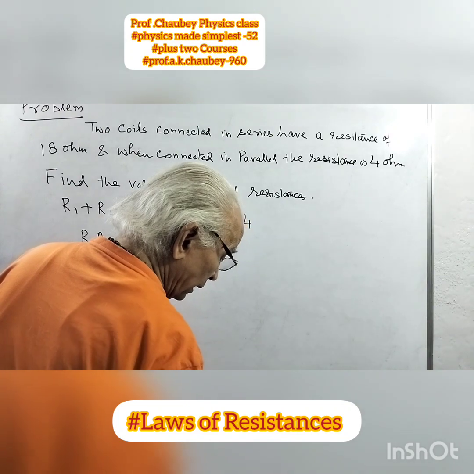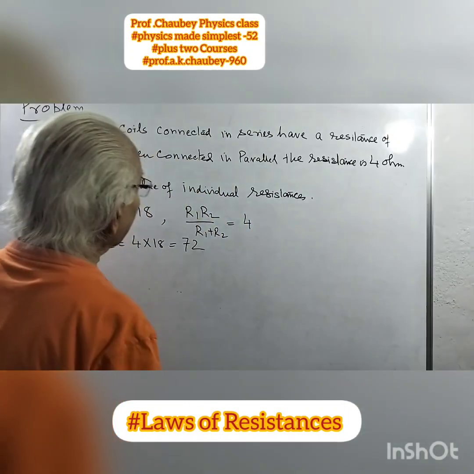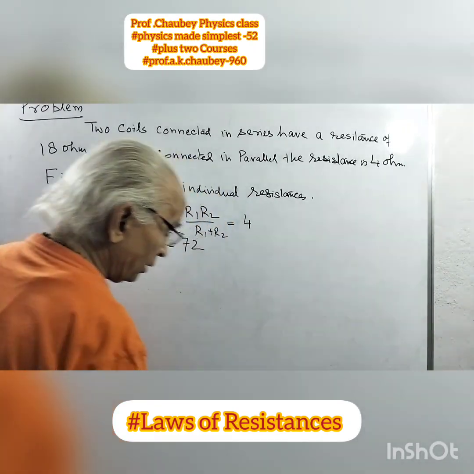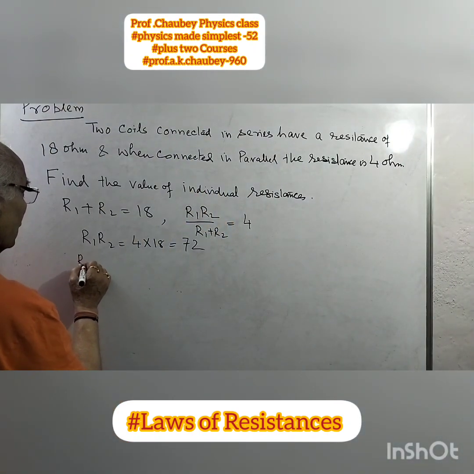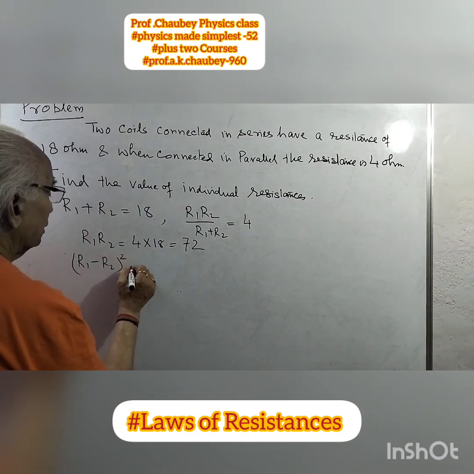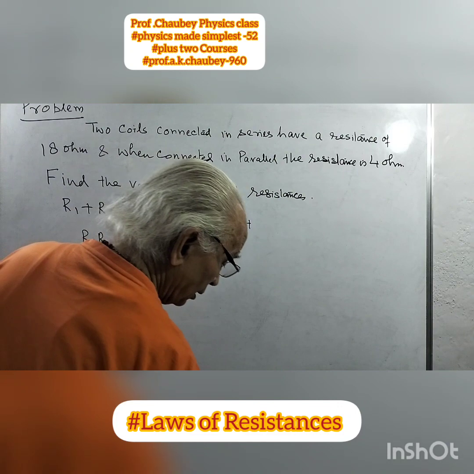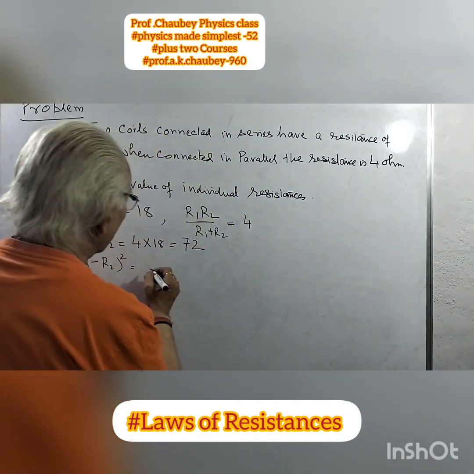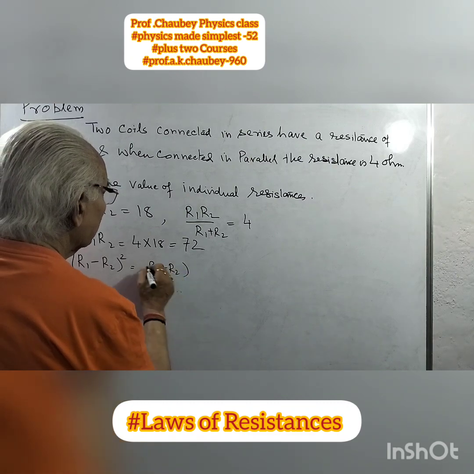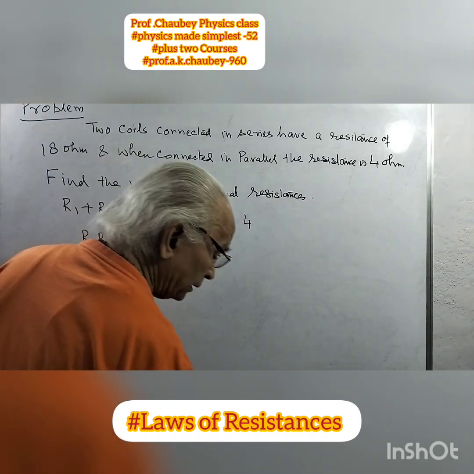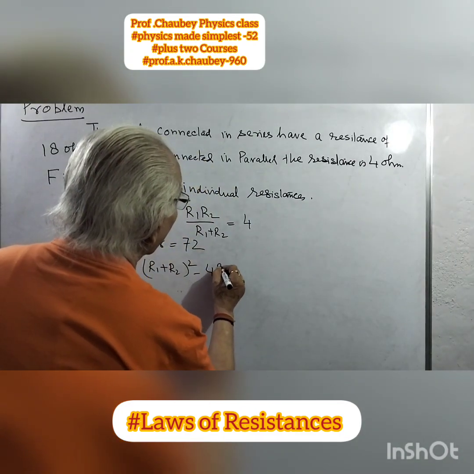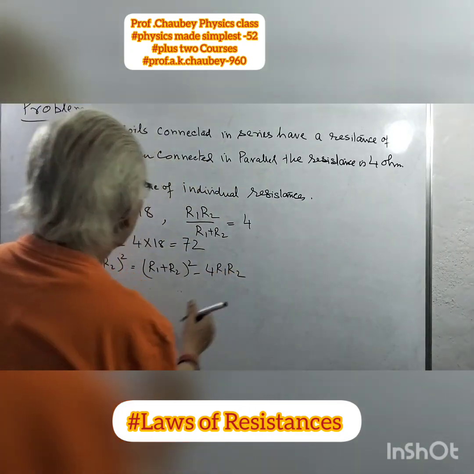Now what do we do? We write R1 minus R2 whole square to get the value of R1, R2. R1 minus R2 whole square is equal to R1 plus R2 whole square, this algebraic equation, minus 4 R1 R2.